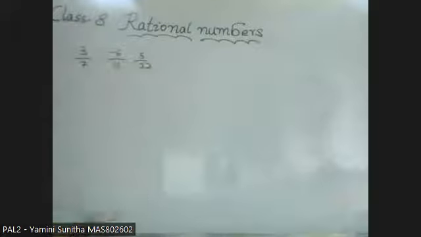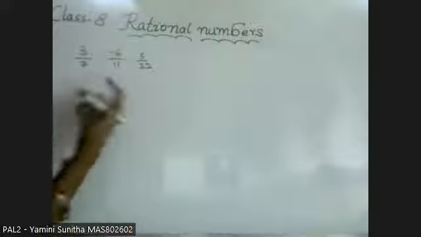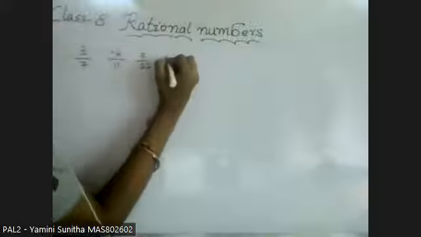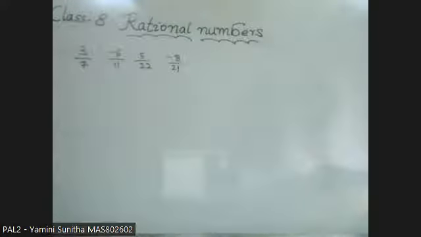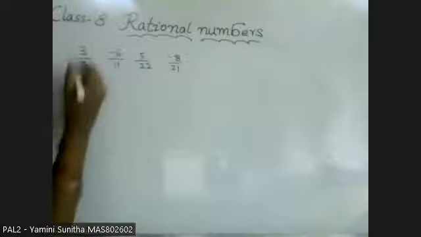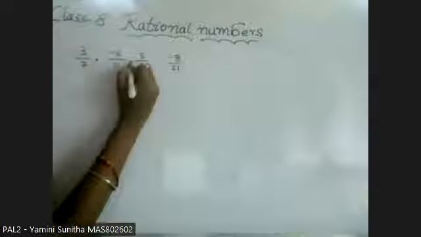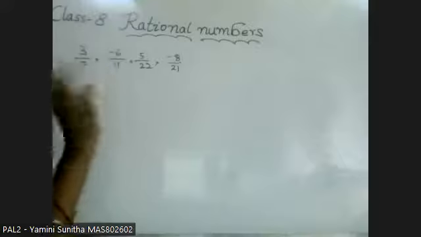These are the three we are going to take, and then we will take one more also. What is one more? Minus 8 by 25. So if they give 4 rational numbers, how to do addition respectively.